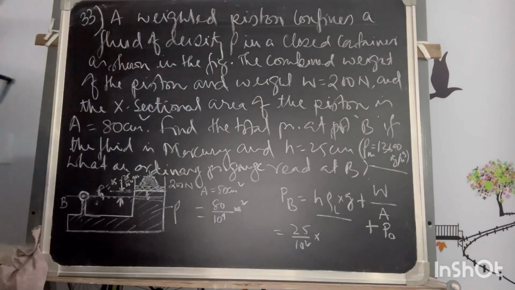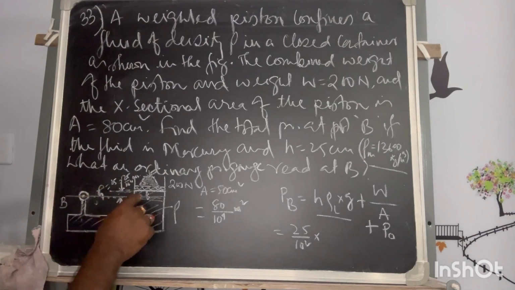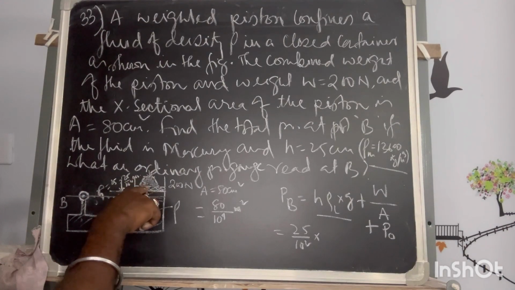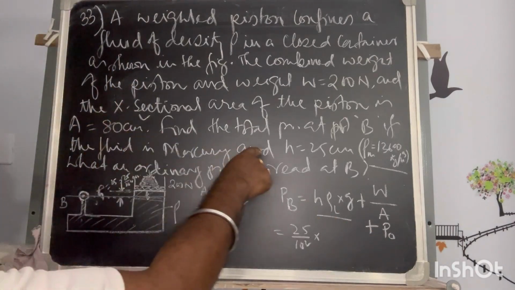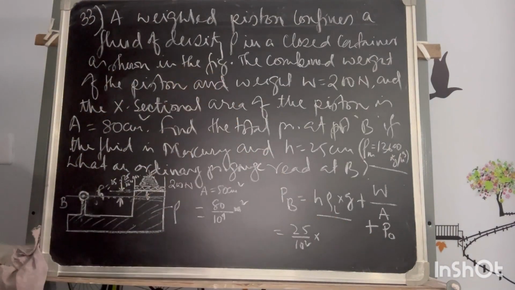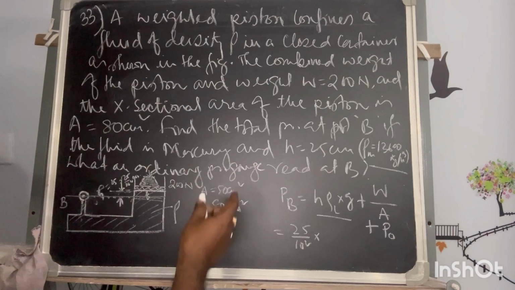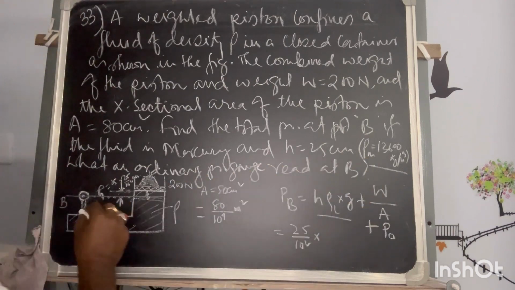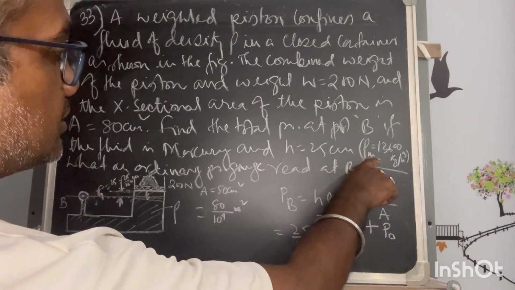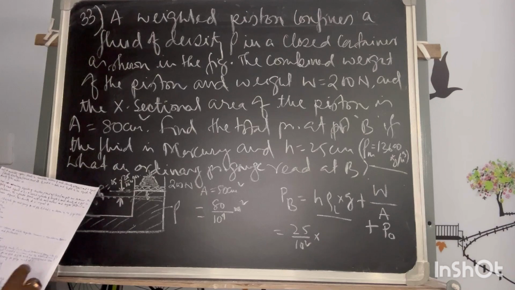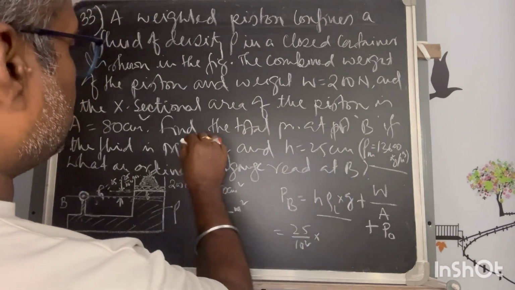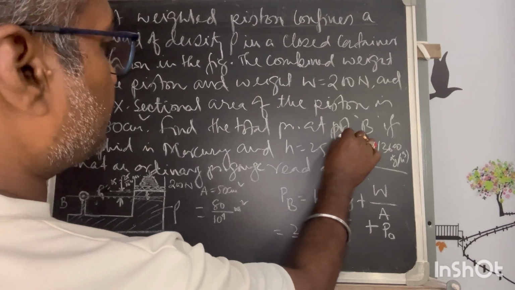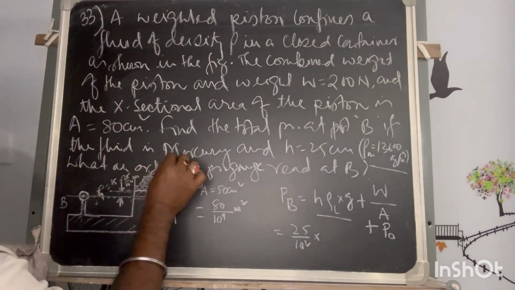I did not add this earlier because this was a closed system, but here we have the weight due to this column and the pressure due to the atmosphere, because there is nothing said that atmospheric pressure can be nullified. This is also there, and at B the fluid is said to be mercury. Find the total pressure at point B if the fluid is mercury.